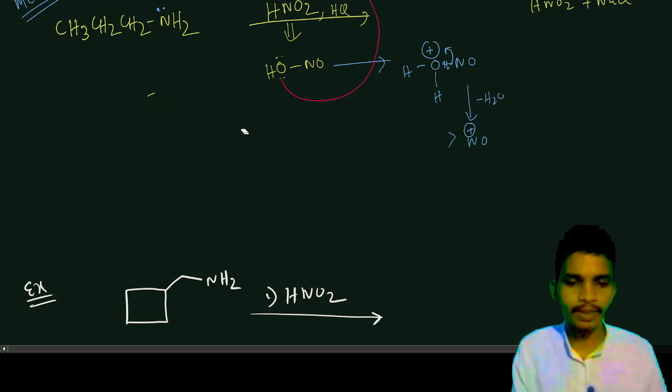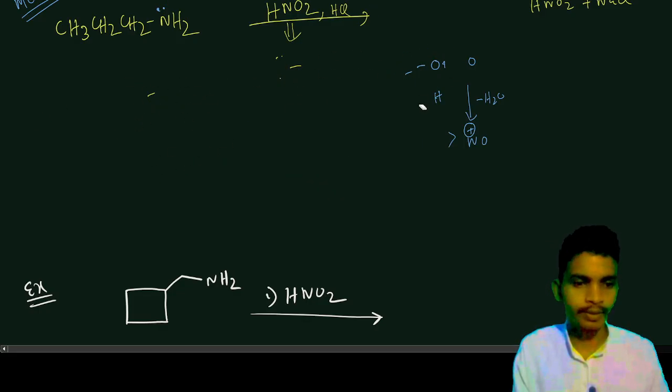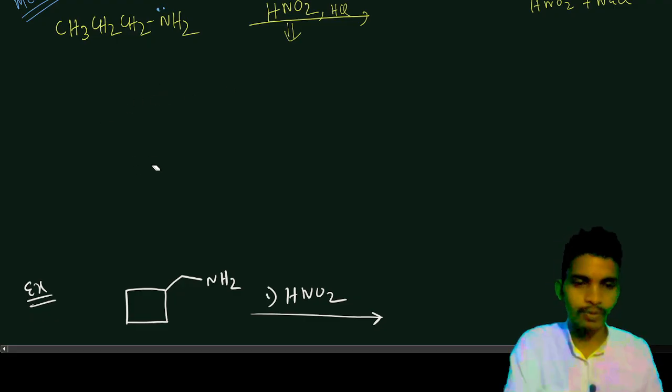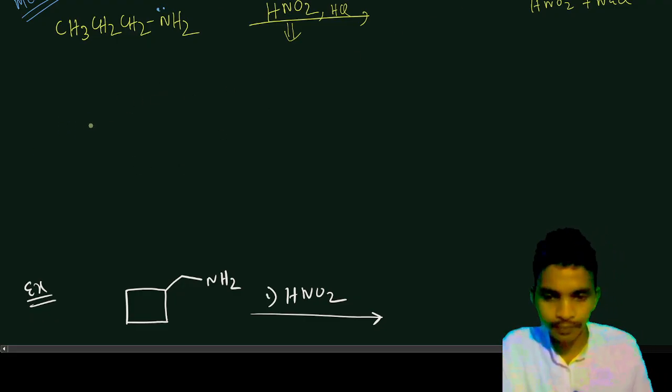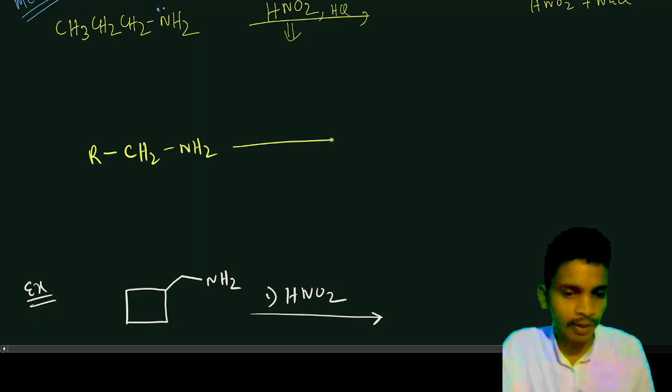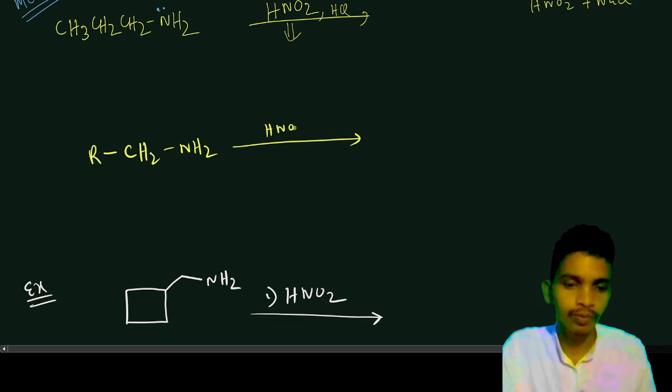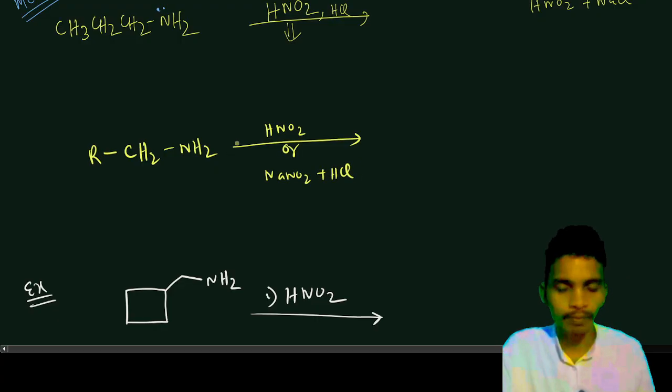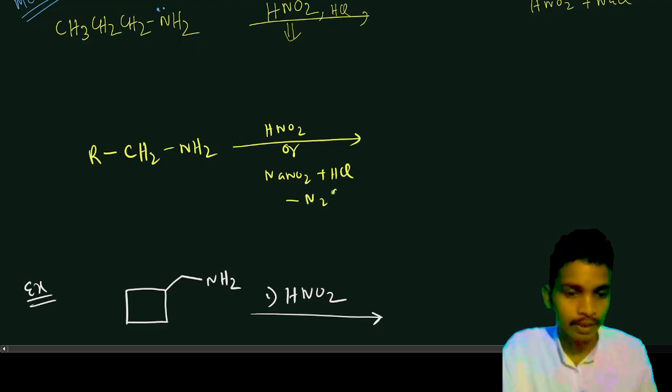So what is seen in these reactions is that we do not need to repeat these mechanisms all the time. Whenever there is an R group, and we have C, CH2, and we have NH2, and you have the reagent HNO2, or it may be NaNO2 plus HCl, then it will always release nitrogen gas.